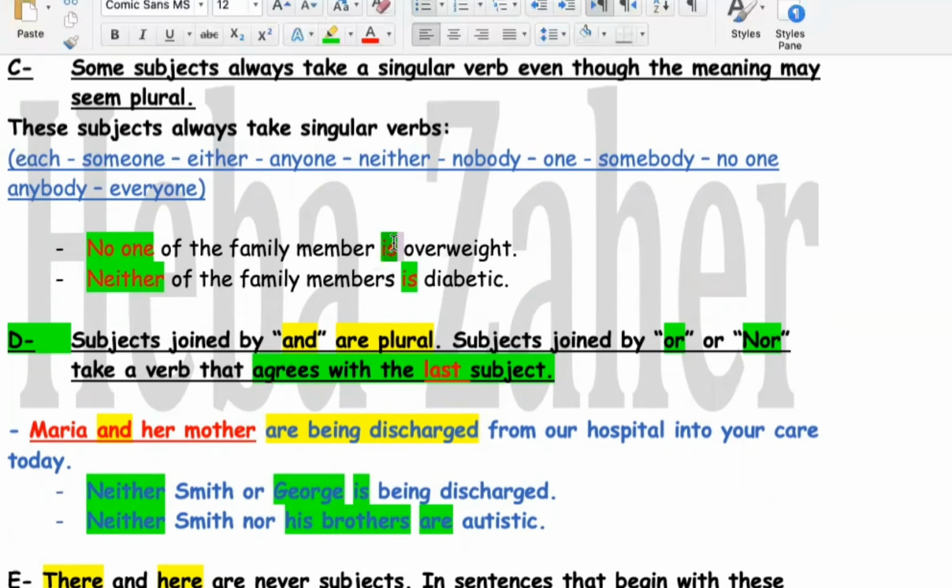Is here is a verb, and it must agree with the subject in number, so no one always takes singular verbs. No one is overweight. Neither of the family members is diabetic. See here, neither and either all the time take a singular verb, so is agrees with neither in number.